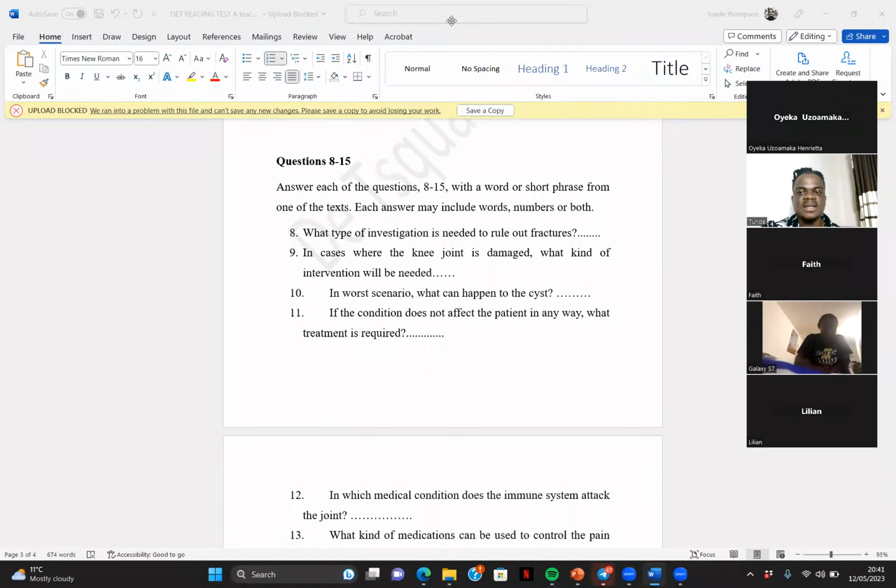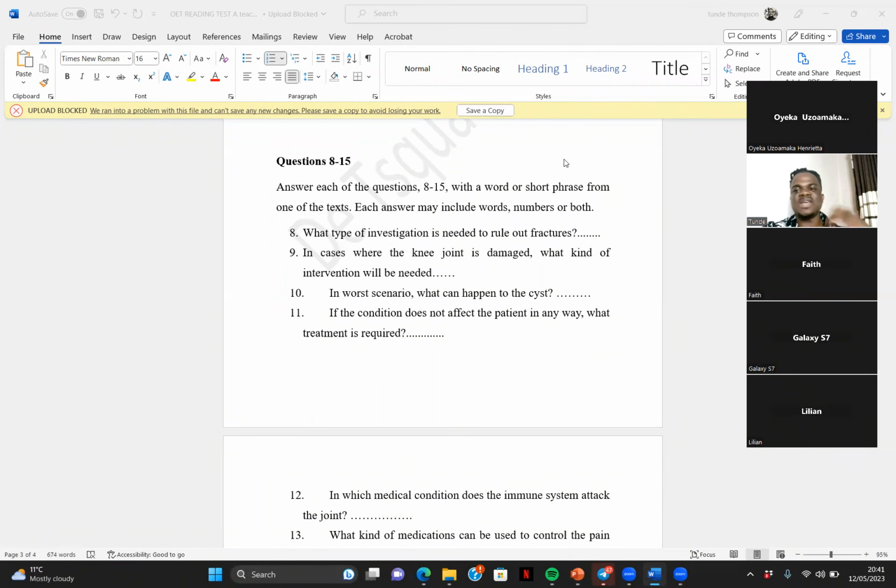Will it be in B that is talking about the causes? Will it be in C that is talking about the diagnosis or the investigations? Or will it be in D? Definitely it is going to be in C.